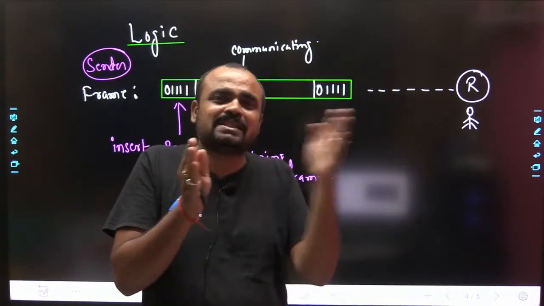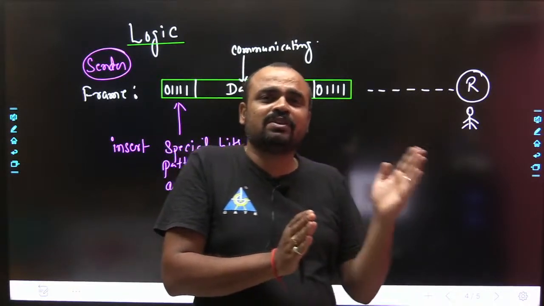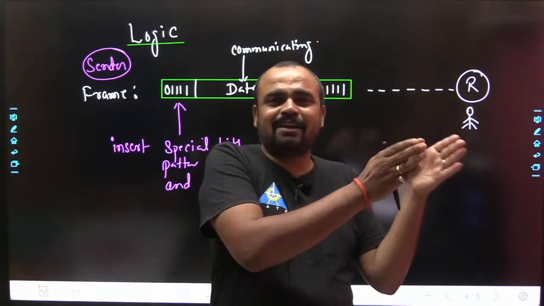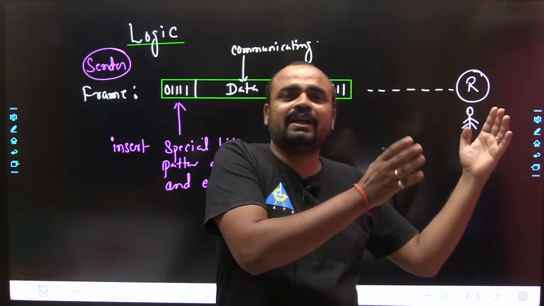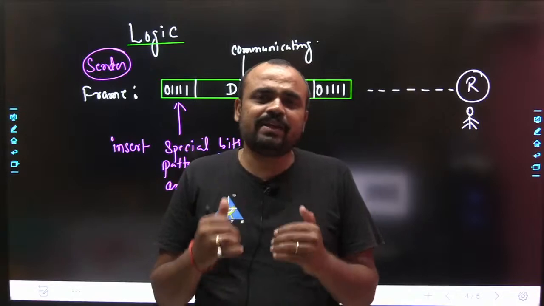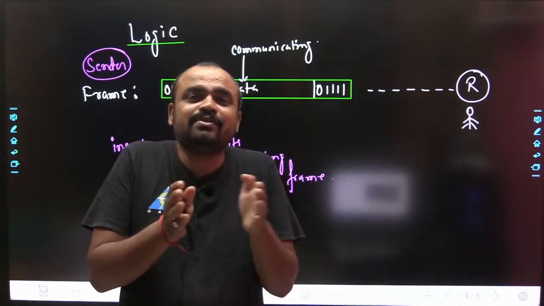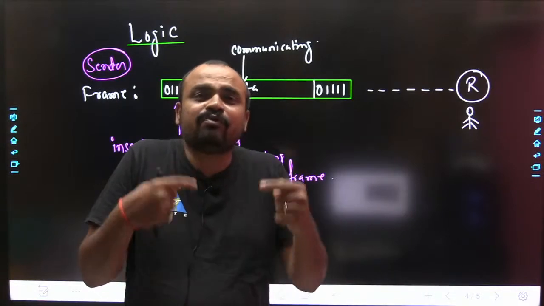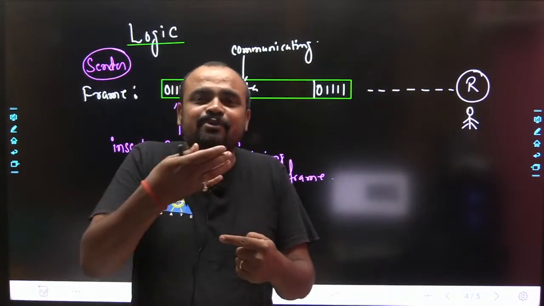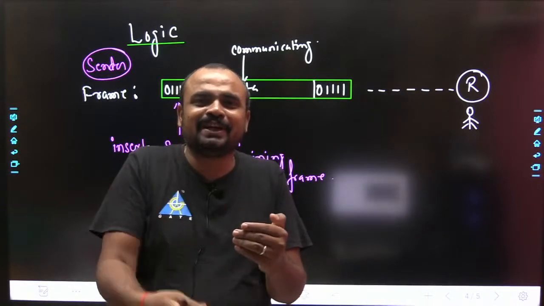This sequence of bits represents the first frame. Again, it will look for the special bit pattern, and whenever it hits, it will understand this is the second frame. In this way, the receiver is able to distinguish the individual frames out of the sequence of bits coming from the physical layer.